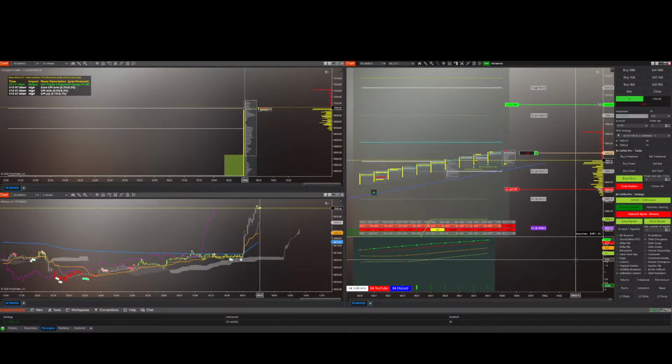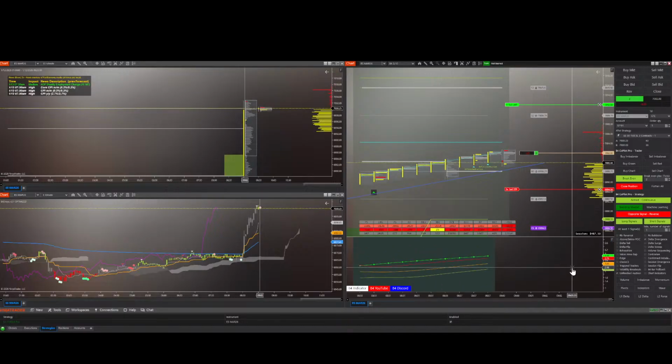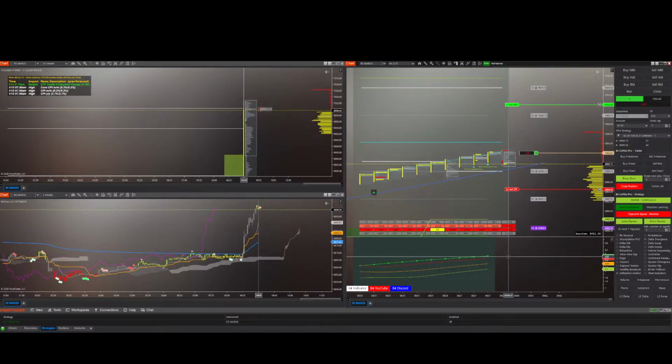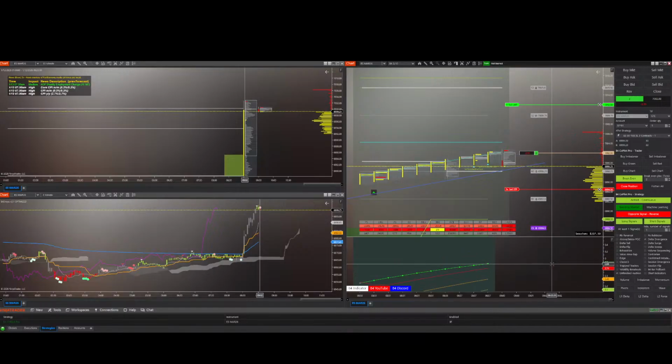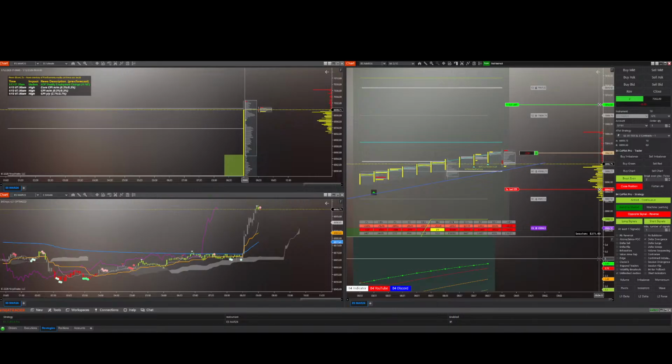All right, let's talk about something that means something here. Let's quit talking about semantics. Where are we? We're at 2.85 on our lower B4 indicator.